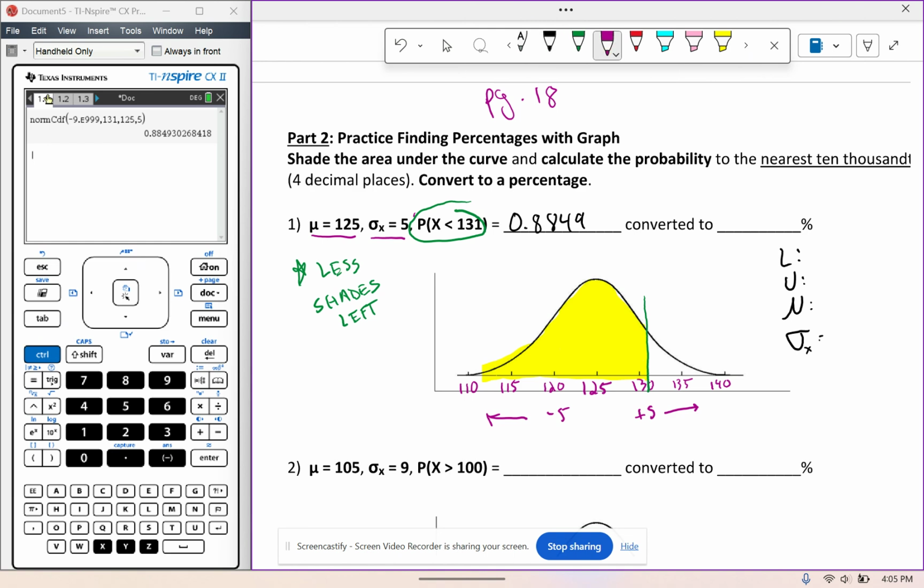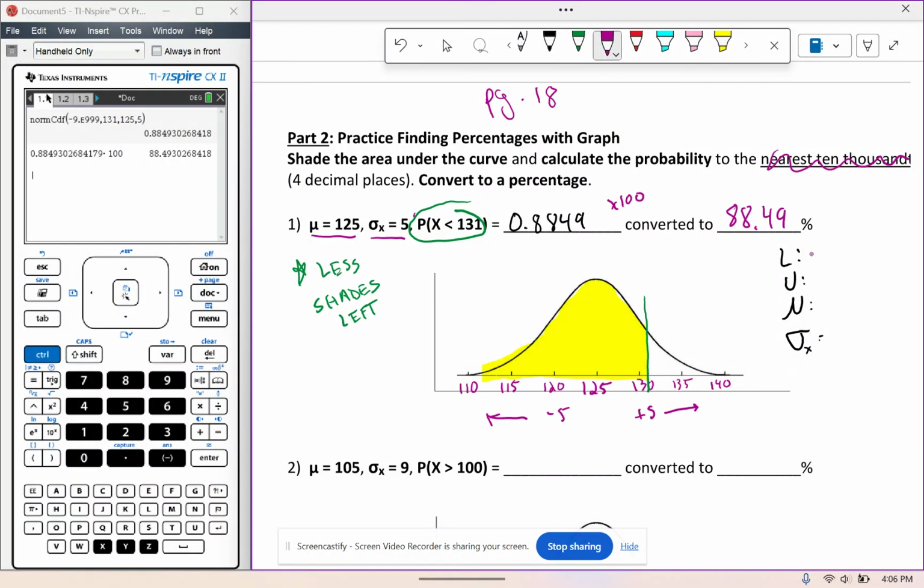Times this by 100. You can even do it right here, times 100, and it says 88.49%. We need to round, ignore this ten-thousandths place. I want my percentage to be in the hundredths. So 88.49%.